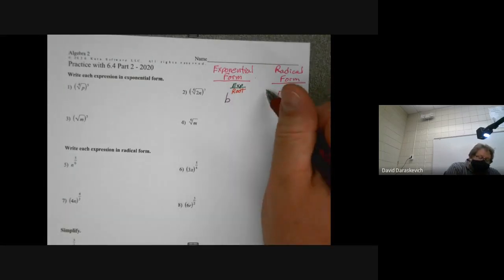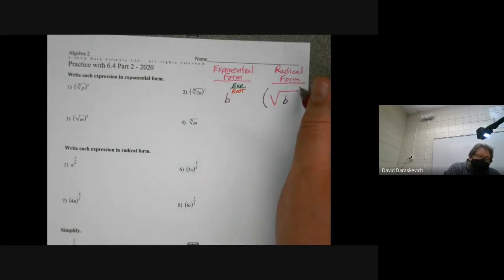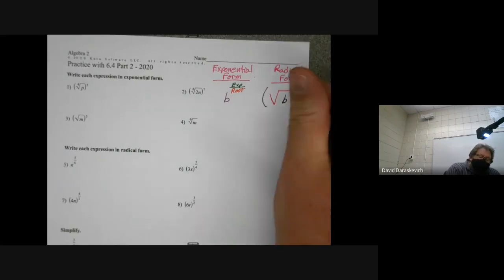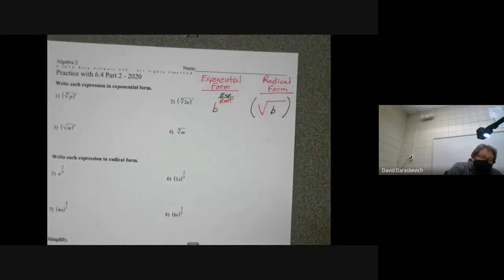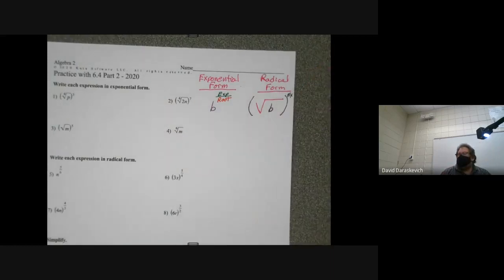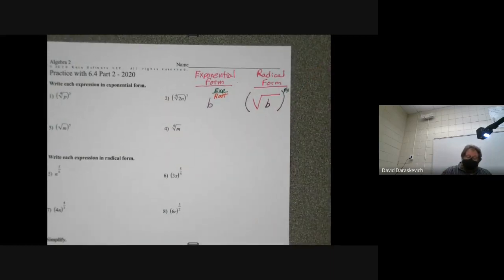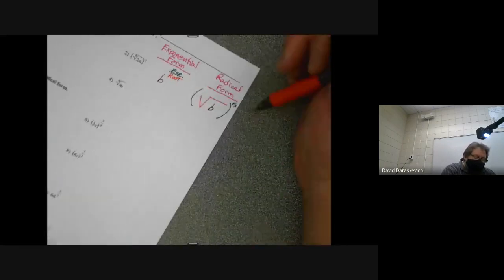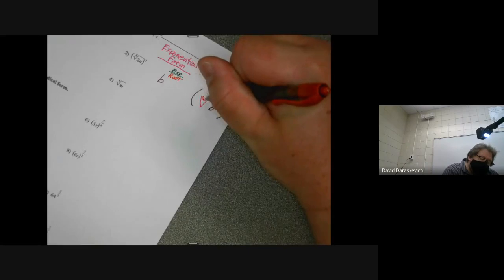In recent years, they've been changing more and more problems to have the exponent outside parentheses. Okay. It's been just a trend that's been happening. I don't know why. Never used to be that way. And then the root goes here.